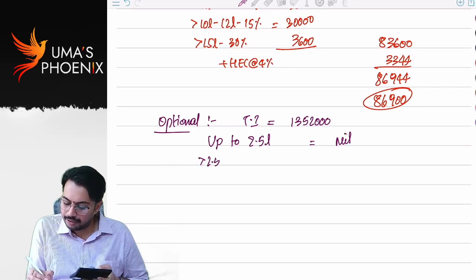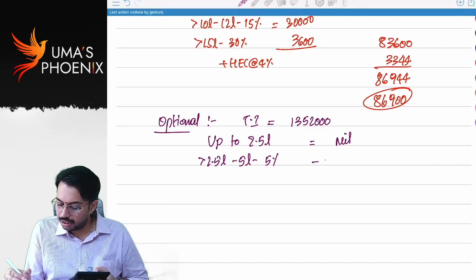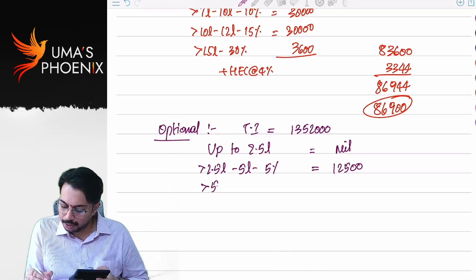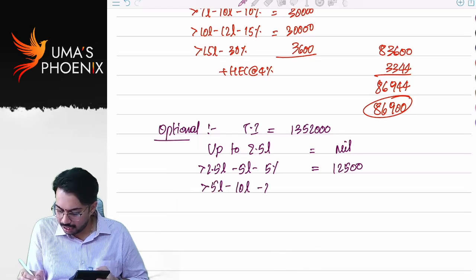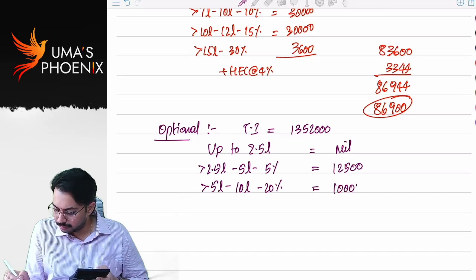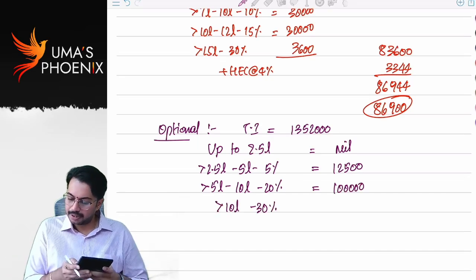Greater than 2.5 lakh up to 5 lakh tax rate is 5%, 12,500. Greater than 5 lakh up to 10 lakh tax rate is 20%. Tax amount is 1 lakh. Above 10 lakh tax rate applicable is 30%.